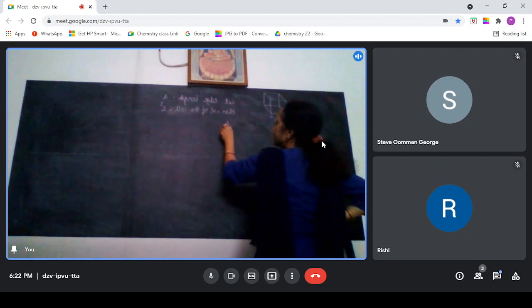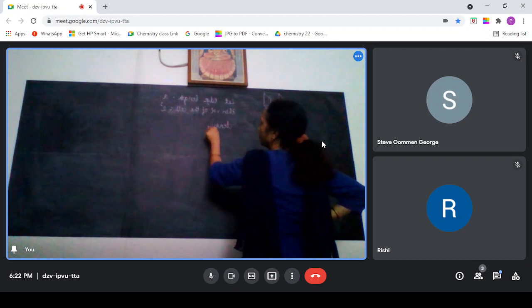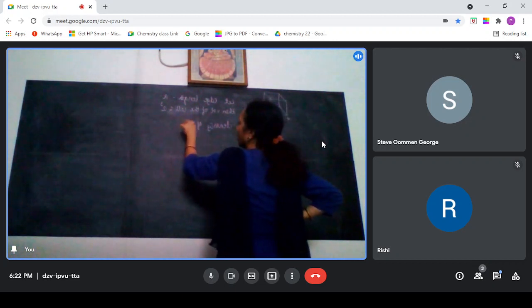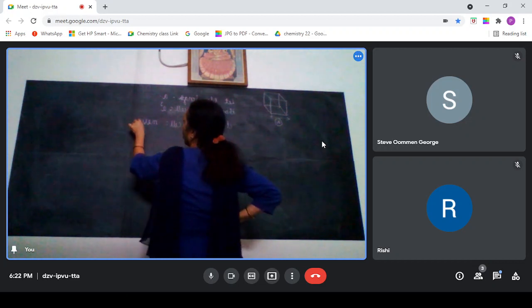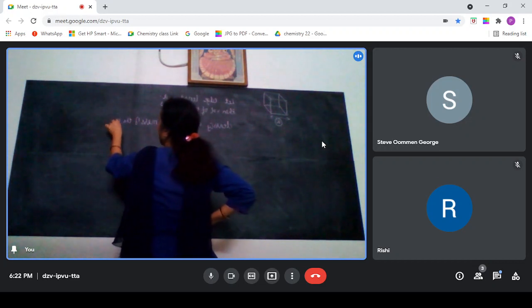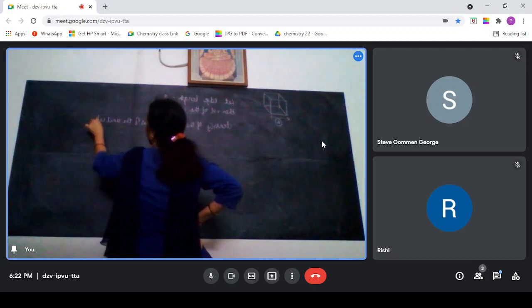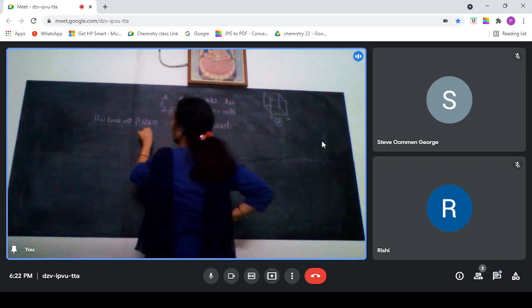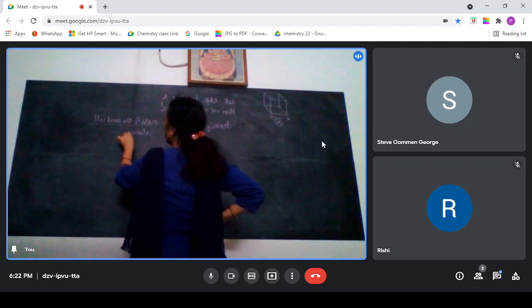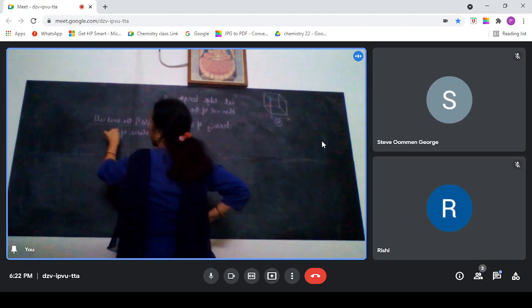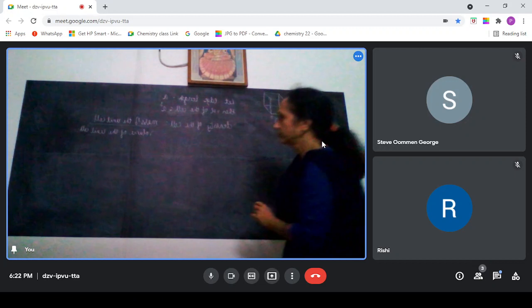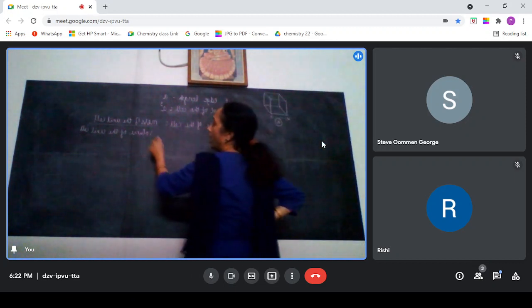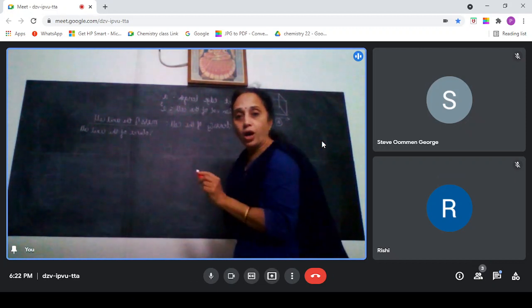Then density of the cell is equal to mass of the unit cell by volume of the unit cell. Scribble down this. I'll send you the notes later. So, mass of the unit cell will be what?